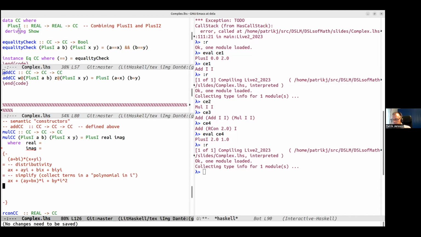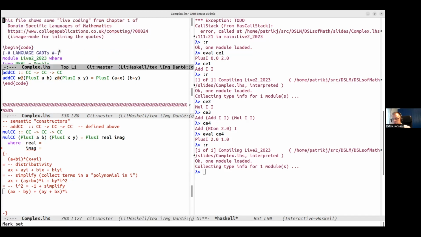And then we know i squared equals -1, plus simplify. So then we can say this is actually ax minus by plus this. So we have now an expression of the form that they were talking about before in the first quote, actually.